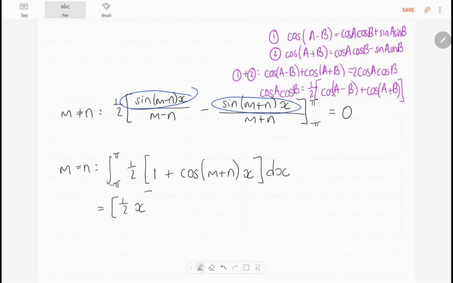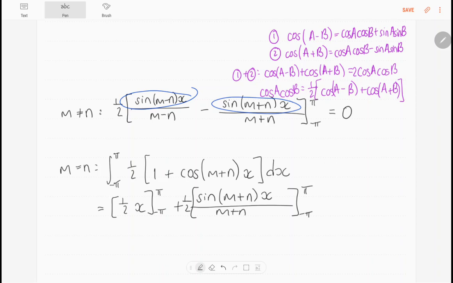between minus pi and pi, and then plus the integral of that, which is going to be sin of (m plus n)x, and we still have that half multiplied by that term divided by m plus n, also between the bounds minus pi and pi.